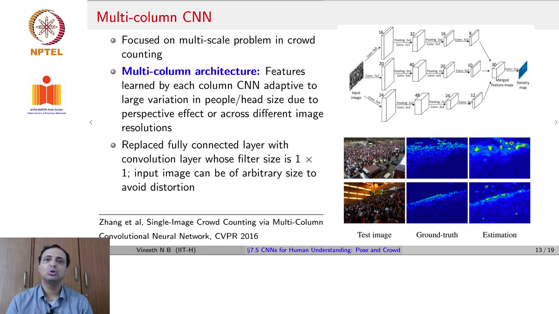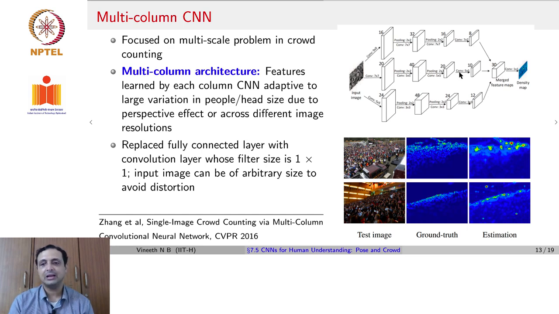That leads us to multi-column based approaches, which try to address the fact that people's faces could be at different scales in an image. So in such a multi-column CNN, each individual pipeline looks at an input image at different scales. You can see here a conv 9x9 filter, a conv 7x7 filter, and a conv 5x5 filter, which looks at multiple scales in the input.